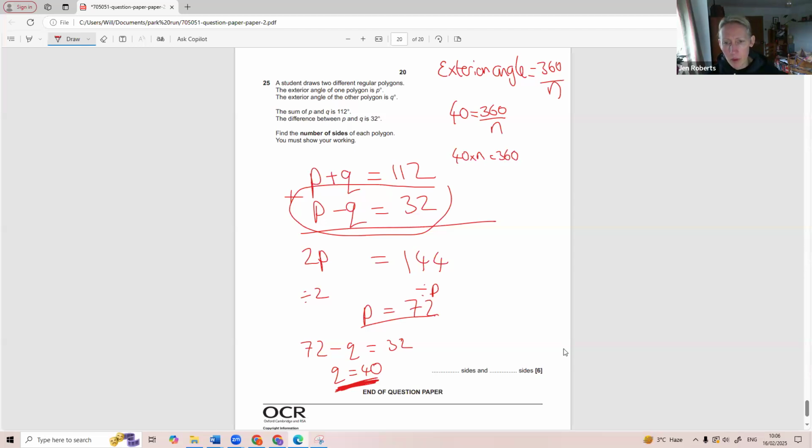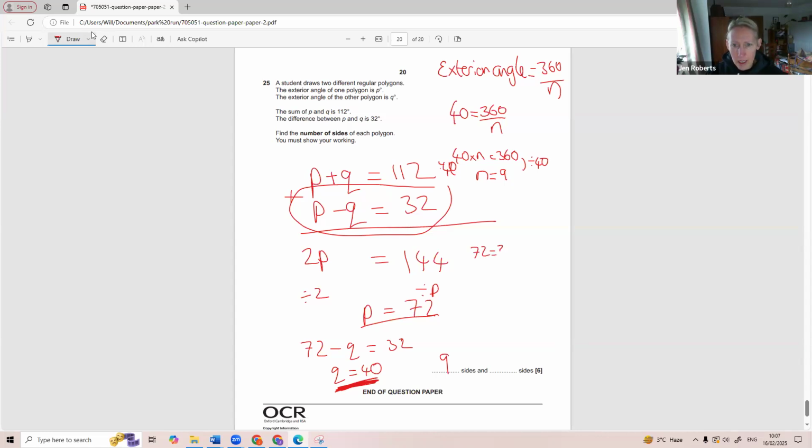Divide both sides by 40 and we get n is 90. No, it's not, it's 9, sorry. 360 divided by 40 is 9. So that would have been a bit crazy, a 90-sided polygon. This is a 9-sided one, so it's a nonagon. There we go, 9.